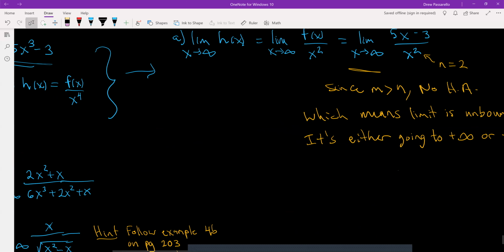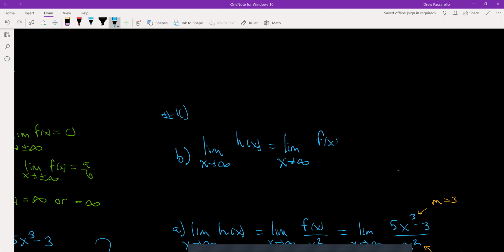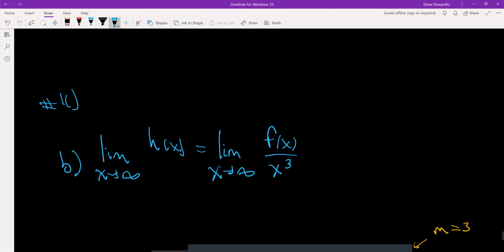So now do 11b. Taking h of x equal to f of x divided by x cubed for part B. Okay, f of x is the 5x cubed minus 3.